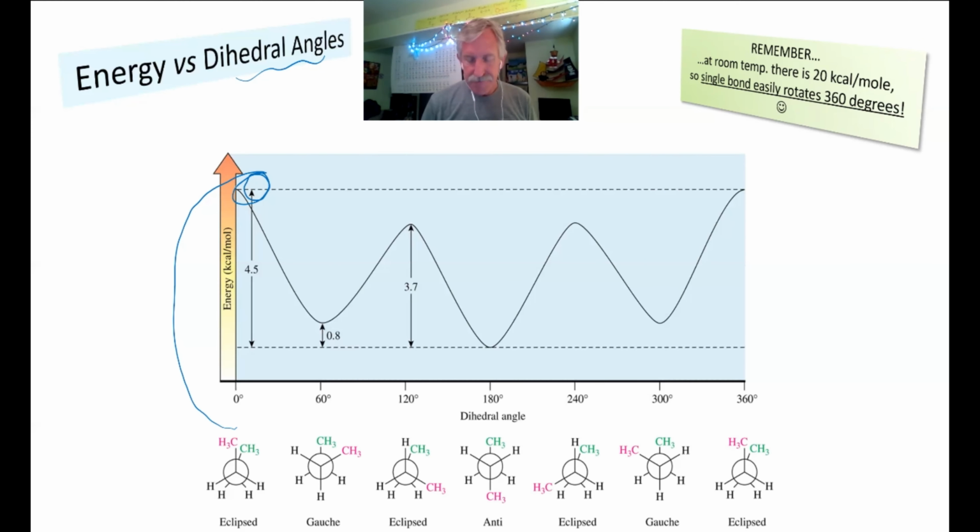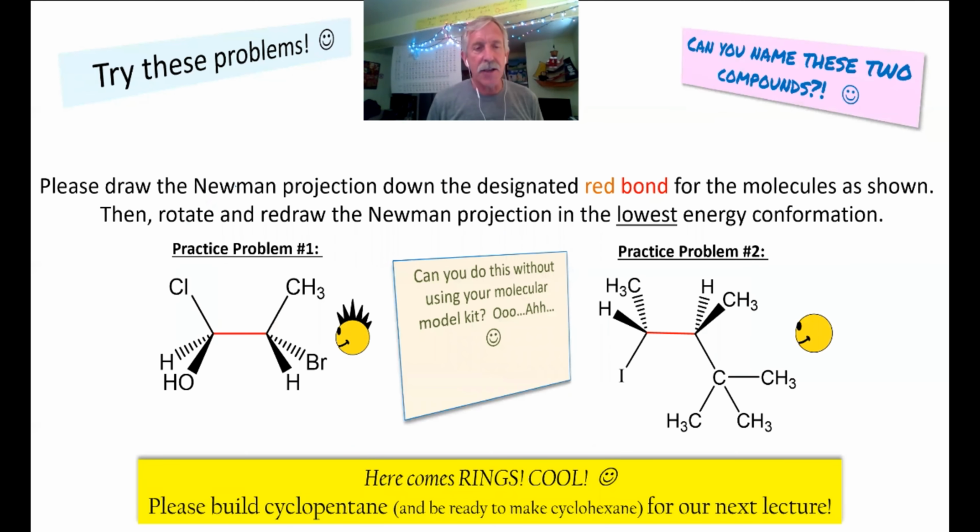Okay? That's the take-home message. So what I'd love for you to do for our study groups is the following. Please draw the Newman projection down this red bond from our perspective of our little smiley face people.